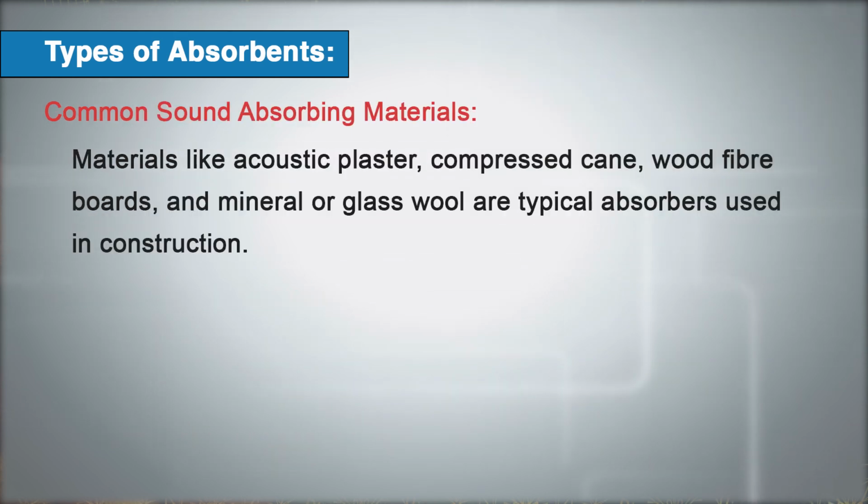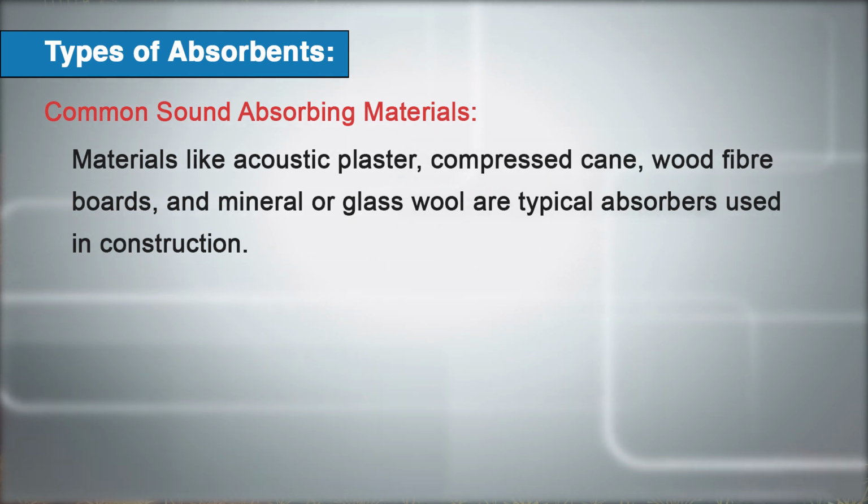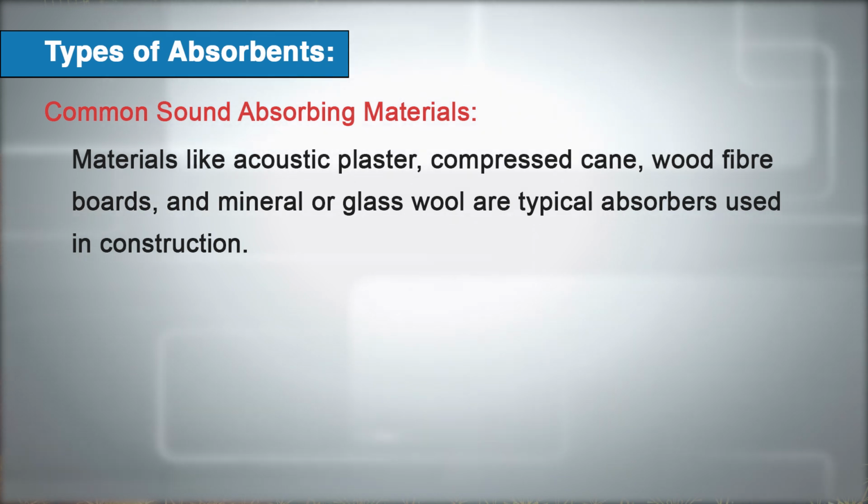Some of the common sound absorbing materials are acoustic plaster, compressed cane, wooden fiber boards, and mineral or glass wools, which are typical absorbers used in construction. In most venues, the audience itself is a significant absorber of sound, especially at higher frequencies.